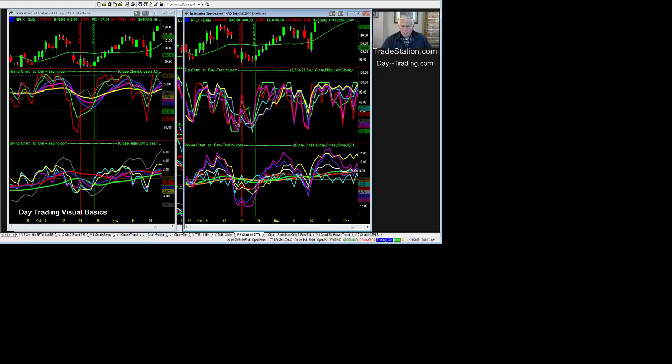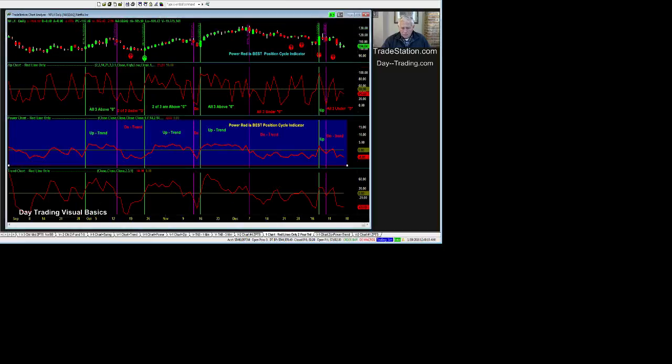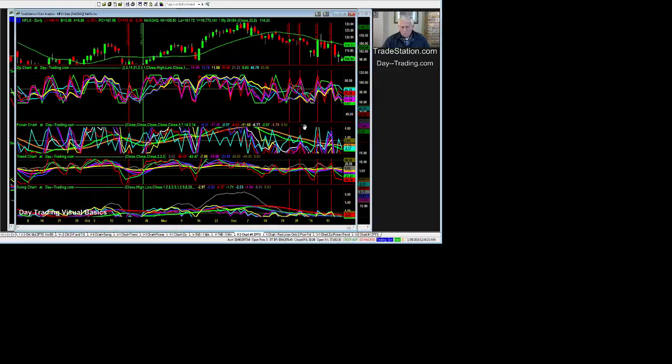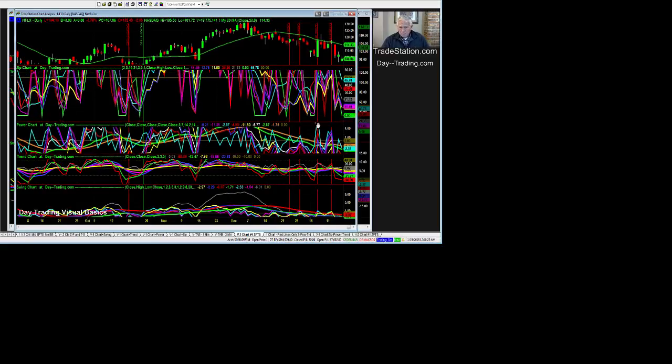Because remember, when you have, for example, let me go back to this one right here. This was the first chart that we brought up. You've got the zip green bottom at 0 for 2 days, and the zip pink comes in there, and that's why they're called pink-green bottoms.